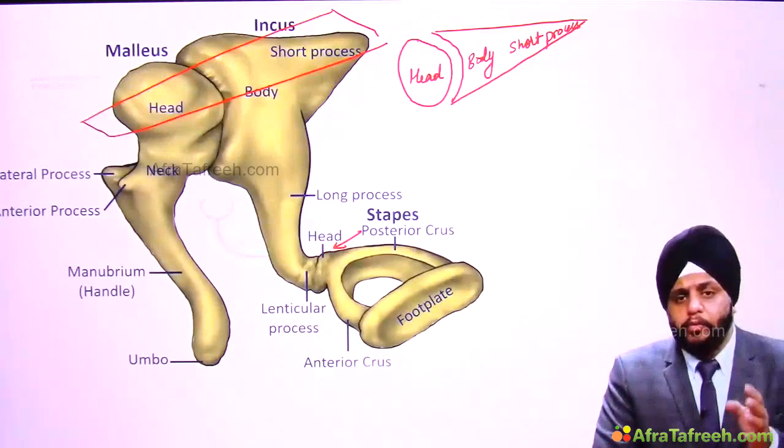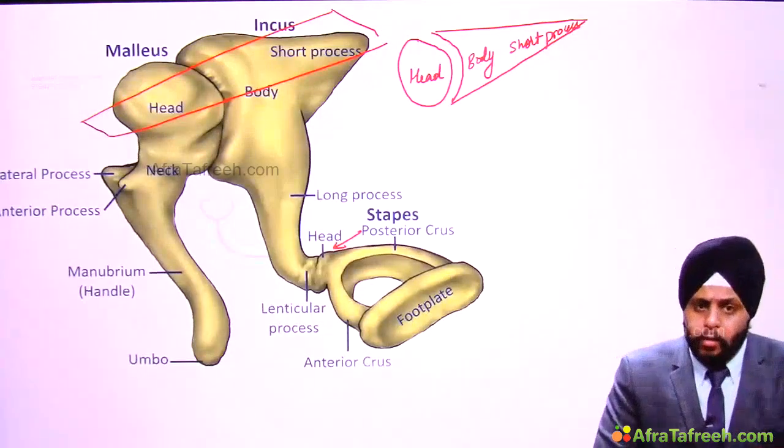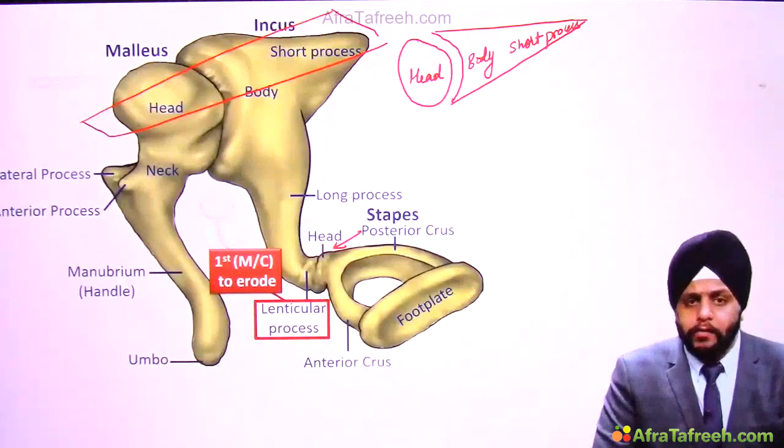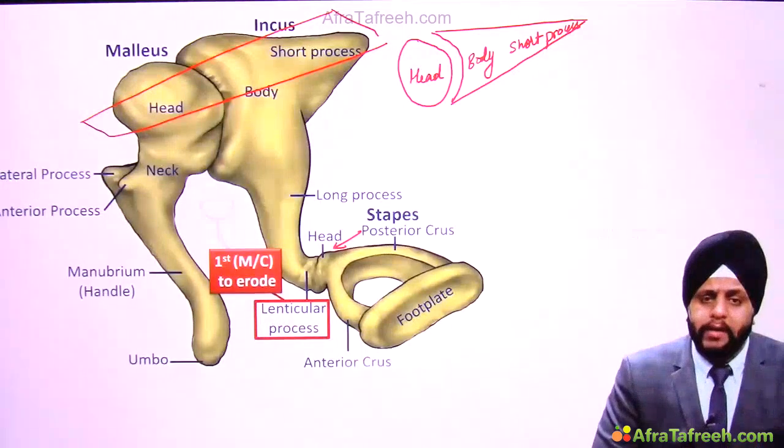Which is the most common part, or the first, to undergo erosion? The first to undergo erosion is the lenticular process of incus. So remember, if there is a chronic infection, the first part to undergo erosion is the lenticular process of incus.